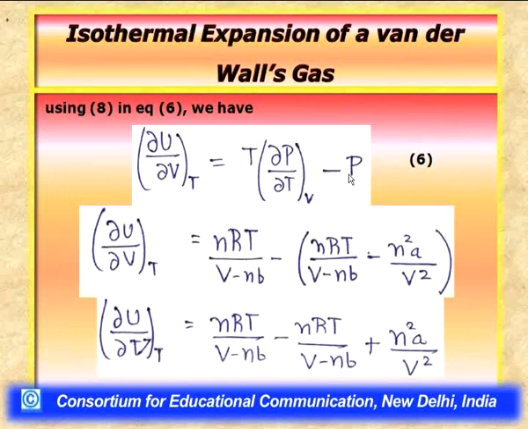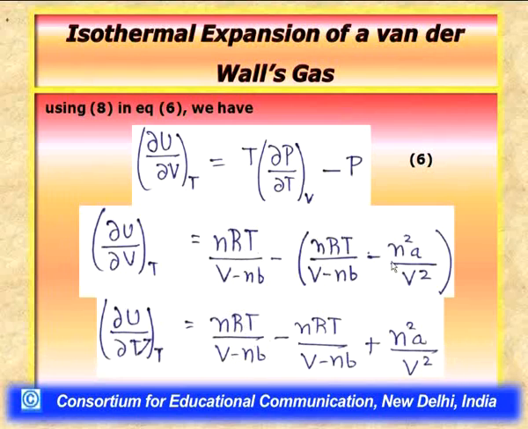Now, instead of pressure here, we can make use of the van der Waals equation, which we write in the bracket term. Please see on the projection itself, that is the van der Waals equation we have written in the bracket term instead of P, the internal pressure. So, we finally get this equation, and now we can rearrange it. Before rearranging, just have a look. We have nRT by V minus nb in this equation, just the same as in this equation.